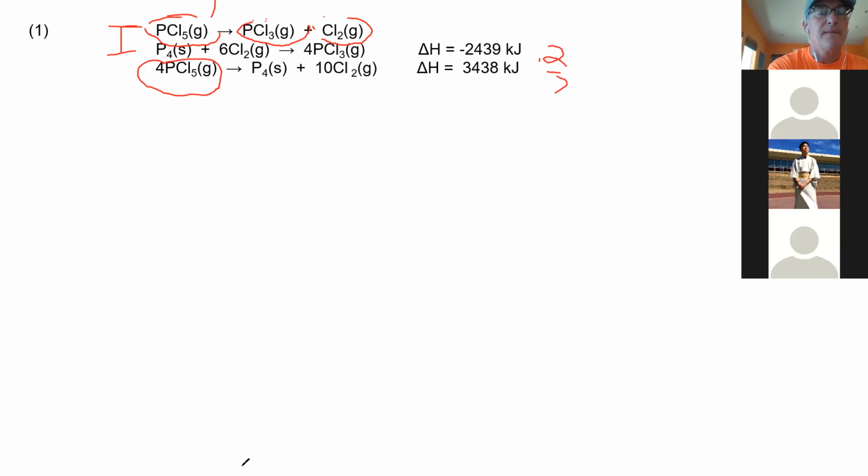So that would give us 1/4 P4 plus what is it? 1.5. Wouldn't it be 3/2 for the chloride?